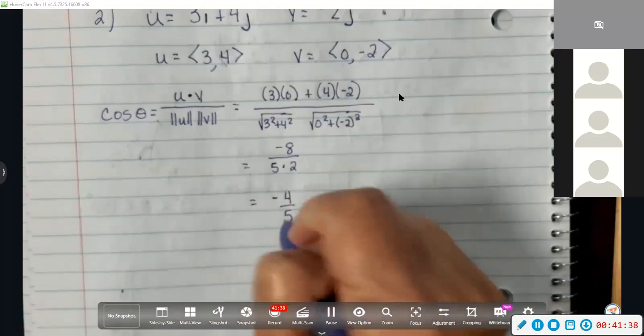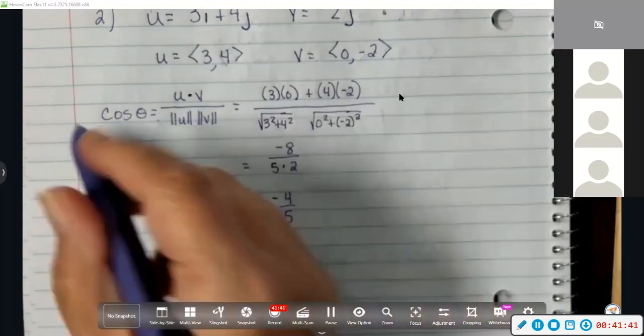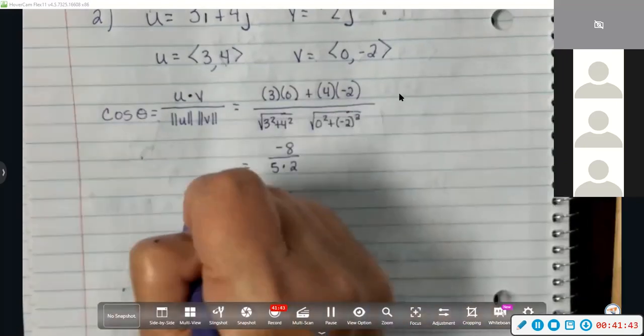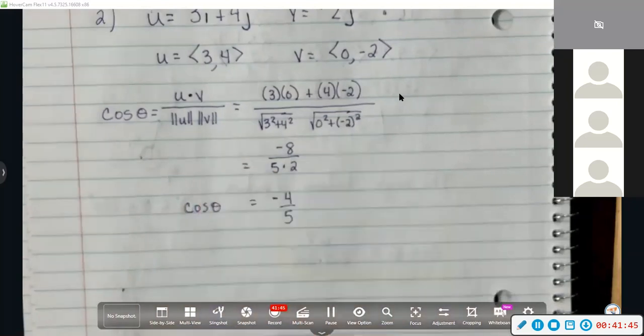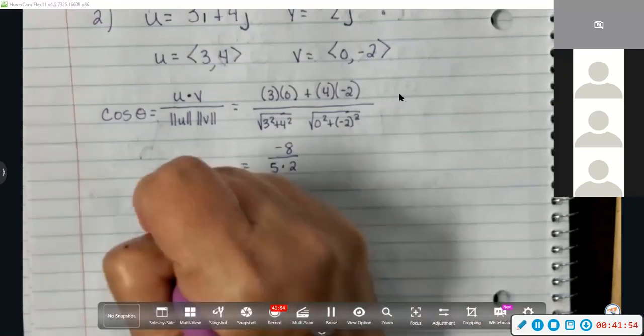And remember that all this work that we're doing is equal to the cosine of theta. And so -4/5 is a lovely fraction, but it is not part of our unit circle that we have memorized.